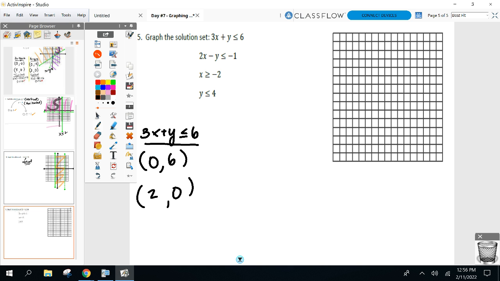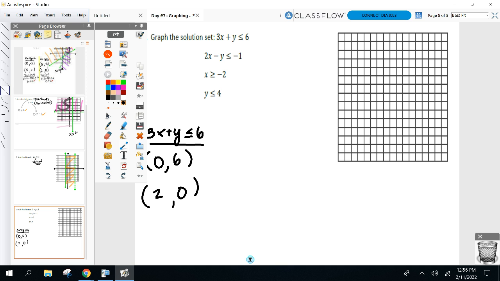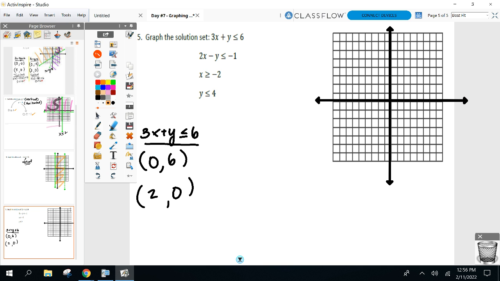All right, let's throw it up here. Solid line.